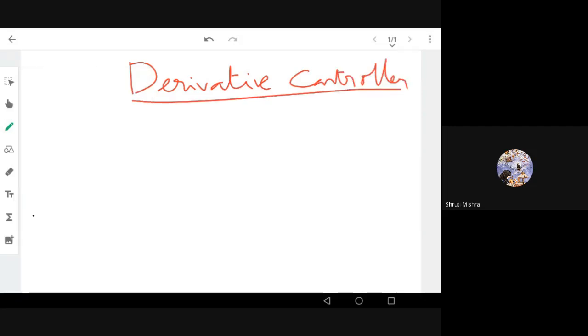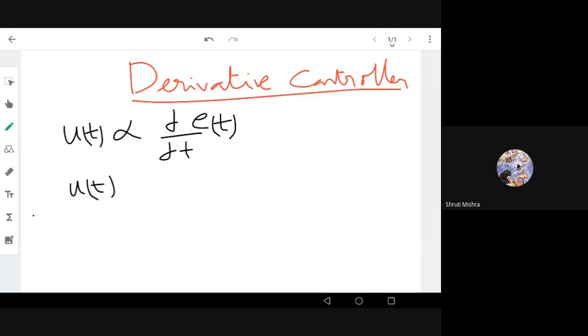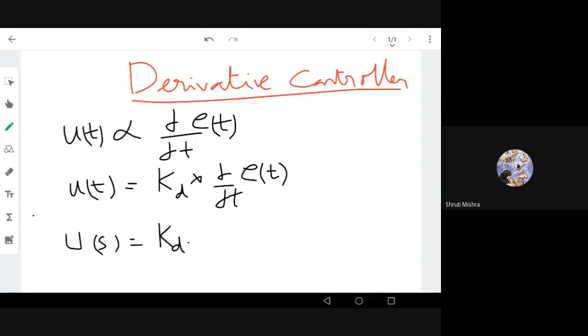Here u(t) is proportional to the rate of change of error, e(t). So u(t) is a constant, Kd, into d by dt of e(t), right? If you take the Laplace transform on both sides, U(s) equals the derivative constant into s into E(s).